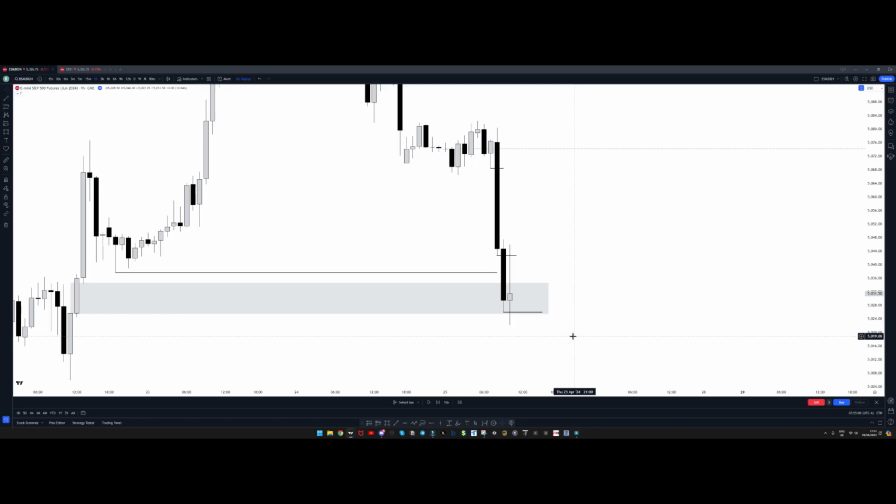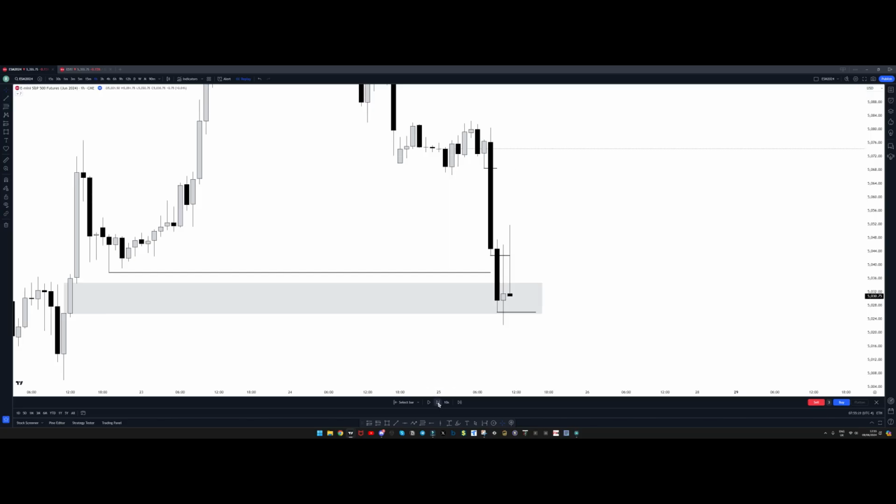And I knew this at 9 o'clock. I knew that I would not be getting involved till 11 o'clock. 10:50, I come back to get involved, and I already know exactly my entry model.